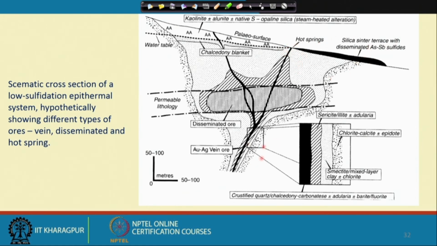One of the major distinctions of these deposits is that they do occur distal to the volcanic center. They can be away from the active volcanic center by even 5-10 kilometers.